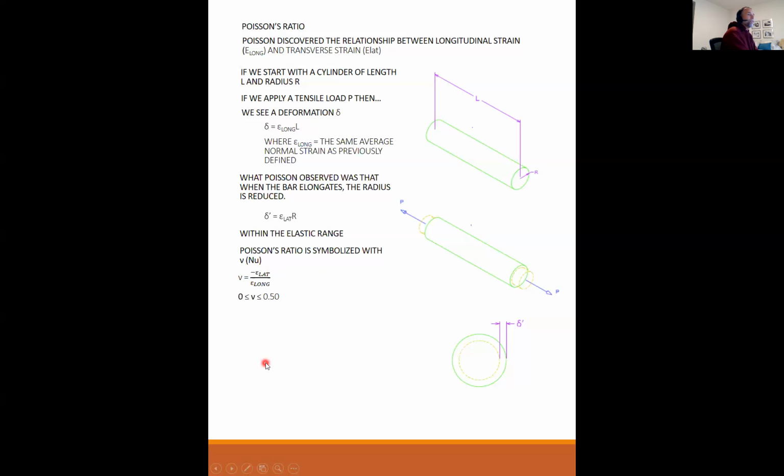Nu is greater than 0 and less than half for all materials. For steel, nu is about 0.32, and for concrete, nu varies from 0.15 to maybe 0.17. The values of nu for different materials are also listed on the back cover of your textbook. Do I have any questions about Poisson's ratio?